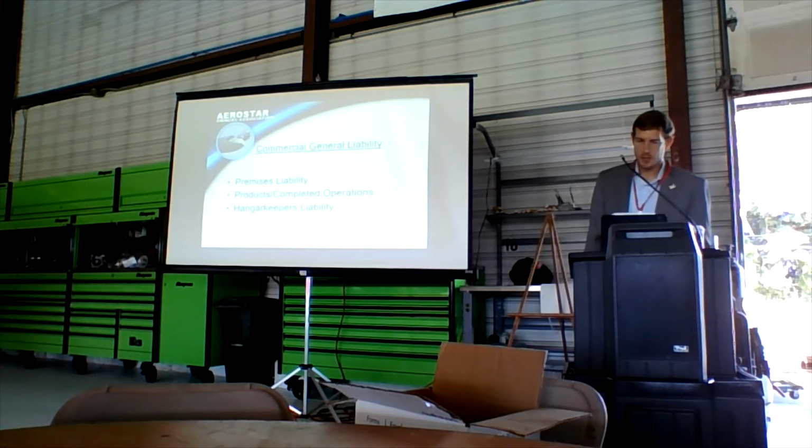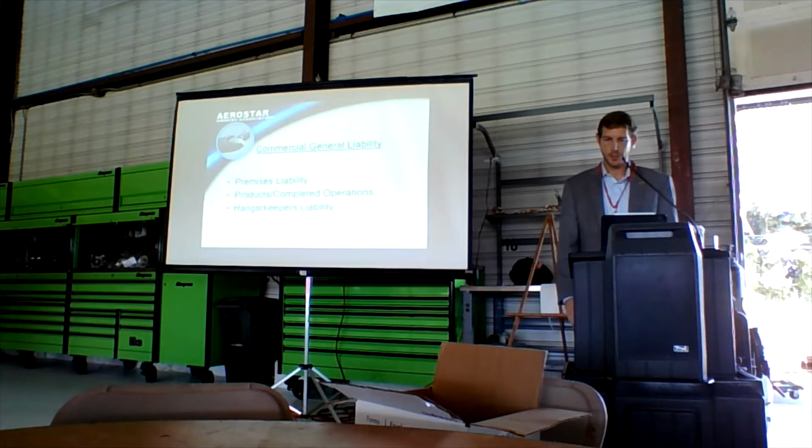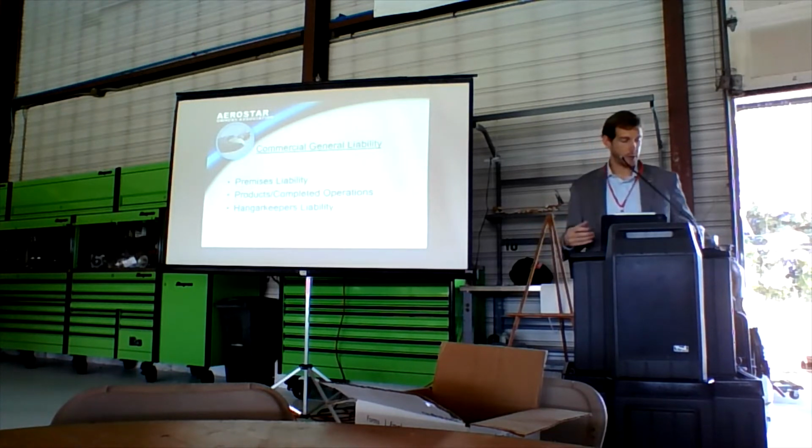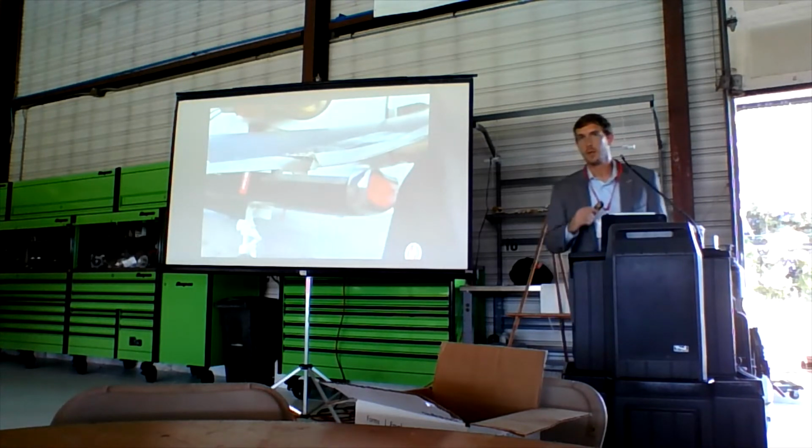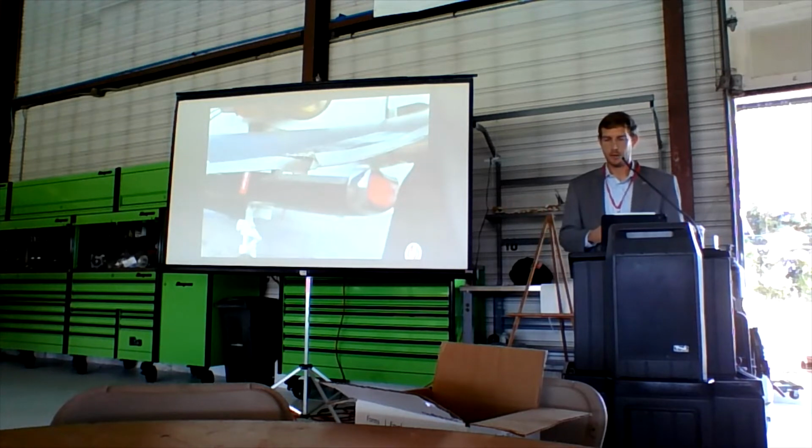All right, so this is one of my customers' TBMs. This happened just about a month ago. He left his TBM in the care, custody, or control of the FBO, left the airport, and got a call very soon after to come back because the FBO backed a motor tug into his prop and caused this damage here.